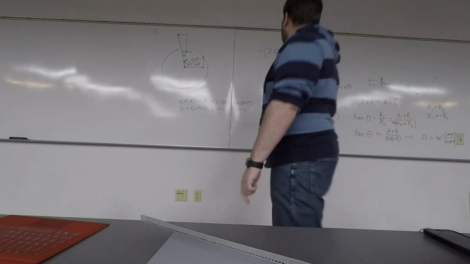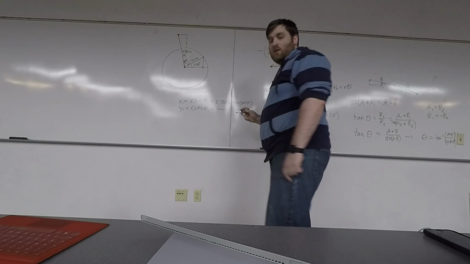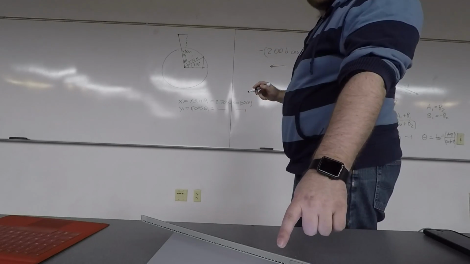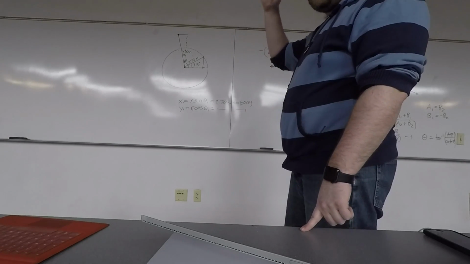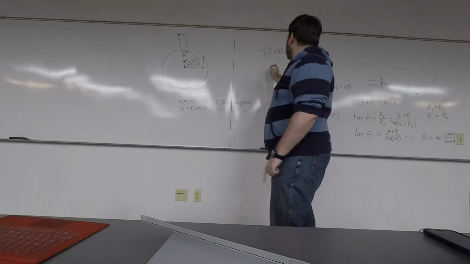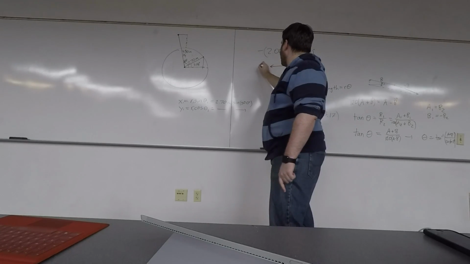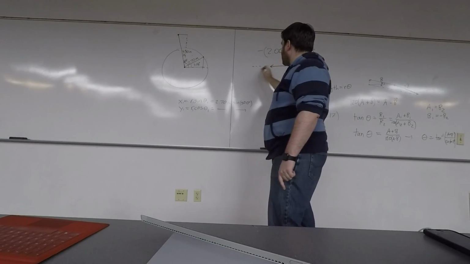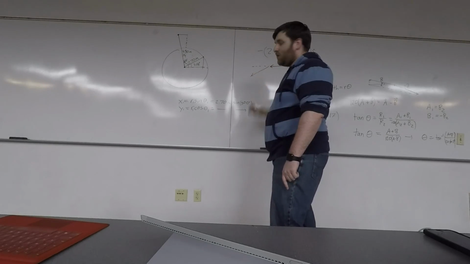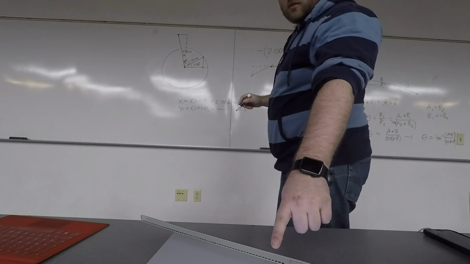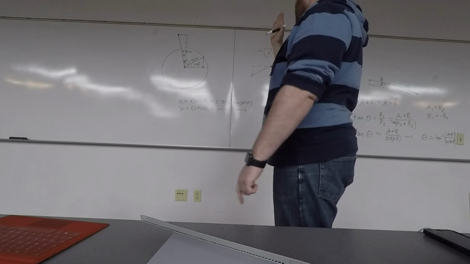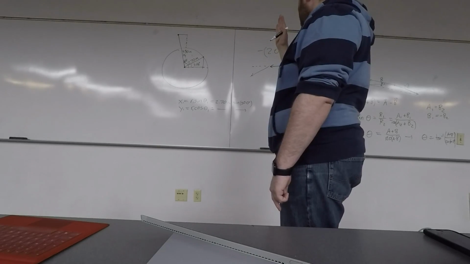So the first one, this way, and then it's negative cosine 40 from the east. i hat, so it's i hat cosine 40, j hat sine negative sine 40.